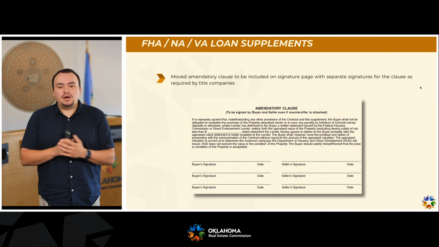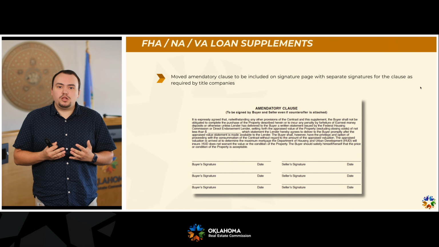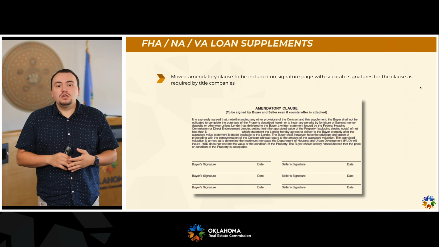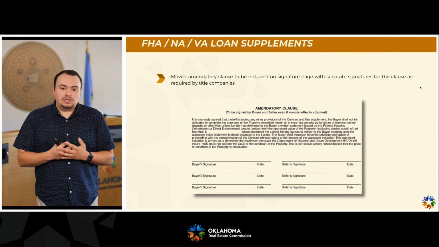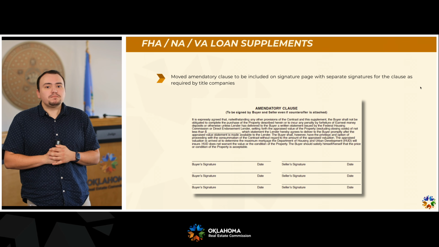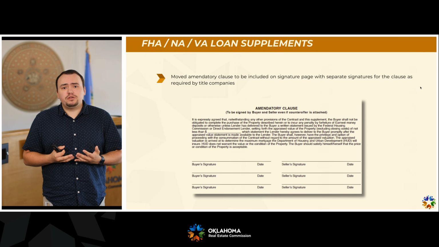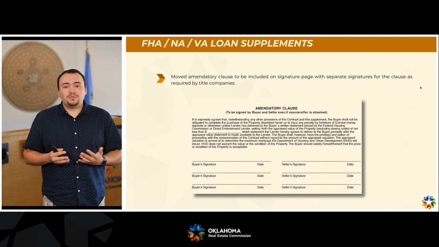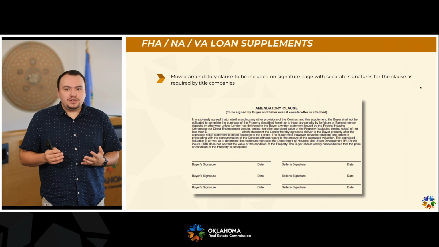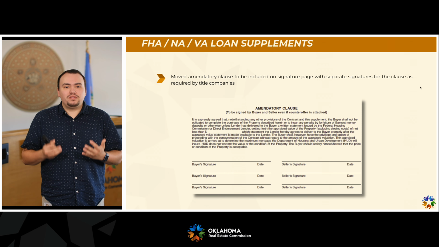So in this case, the amendatory clause that's a part of the FHA, Native American, and VA loans was incorporated in our financing supplement. So it was signed along with all the other terms of the financing supplement. That was actually creating some issues for lenders. Their underwriters were requiring it to be explicitly signed so that both buyer and seller understand that that term is part of the contract.